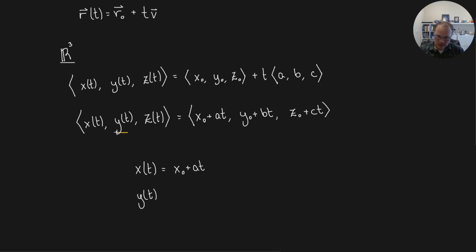y of t, the second component on the left side, is equal to the second component on the right side, y naught plus bt. The third component on the left side, z of t, is equal to the third component on the right side, z naught plus ct. This contains exactly the same information, but it's written with an emphasis on the different components.